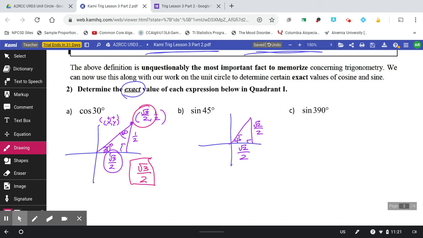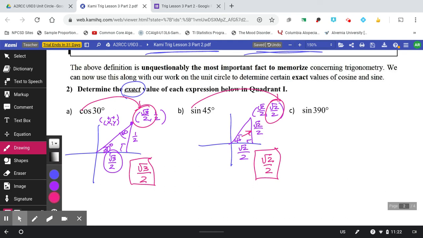Whether you're looking for the sine or the cosine, they're both going to be the same. But for argument's sake, when we get to the other quadrants, the sine is the y value, or the opposite side, opposite over hypotenuse. So that would be the square root of 2 over 2.